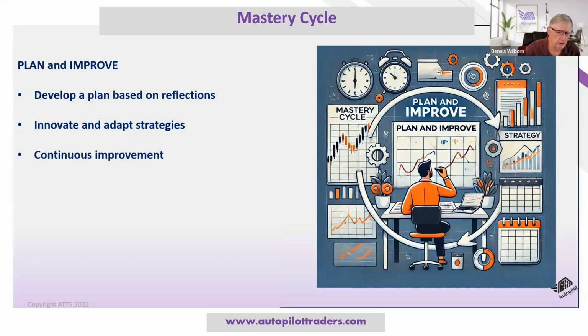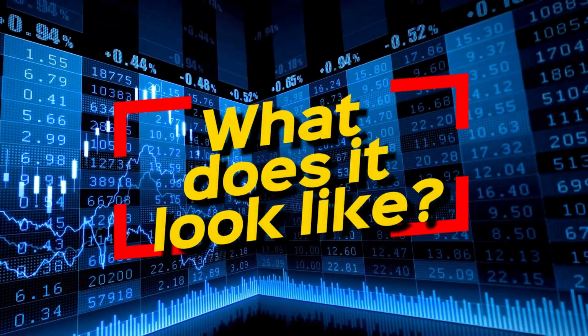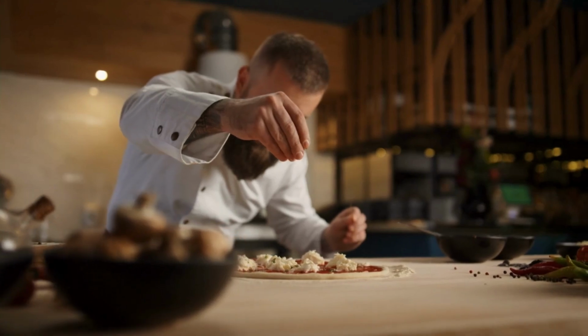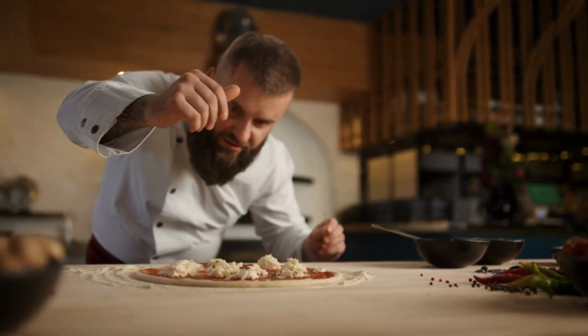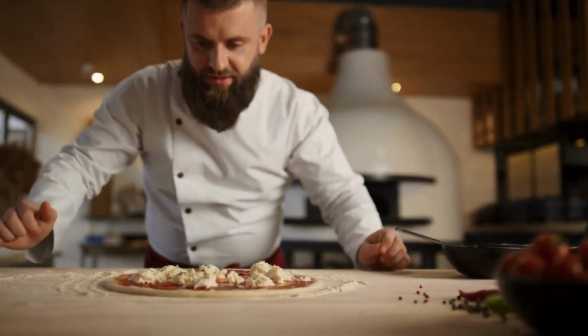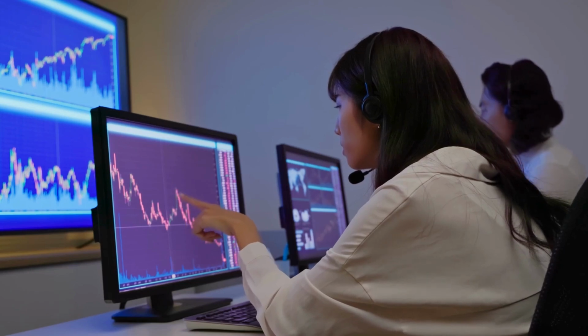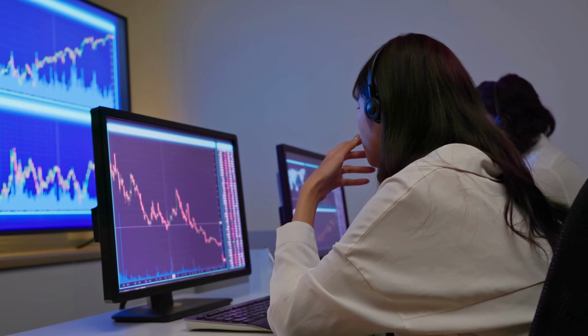So then what am I seeking? I'm seeking continuous improvement. So plan to improve. What does that look like? Just like a chef refines a recipe after each iteration to enhance flavor and presentation, a trader may tweak their strategies to improve profitability and reduce risk.